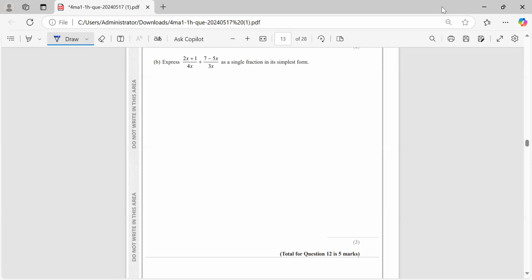If you multiply 4x and 3x, you're going to come up with 12x squared, isn't it? So we're going to come up with 12x squared.